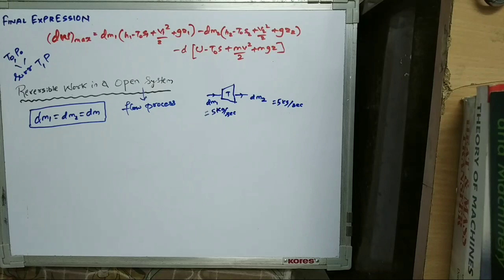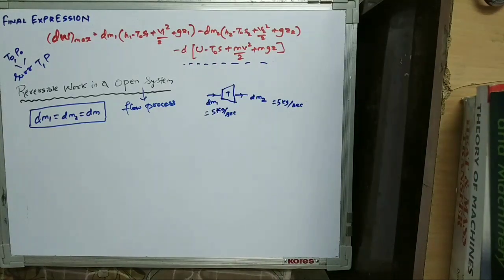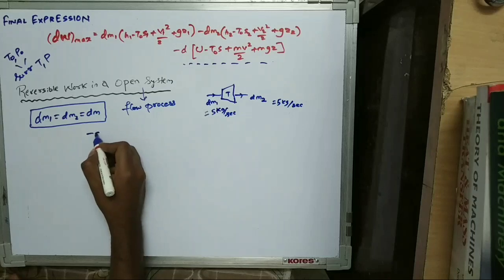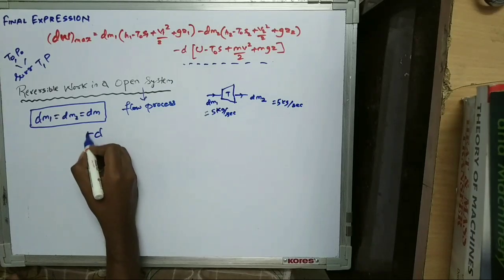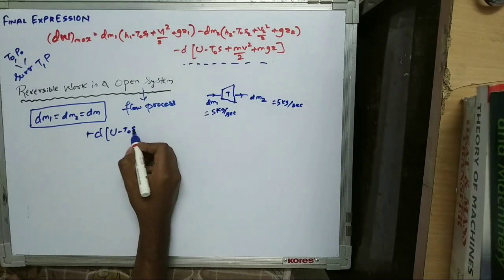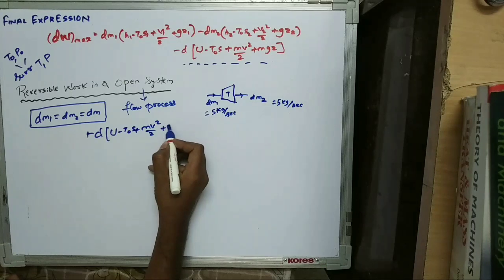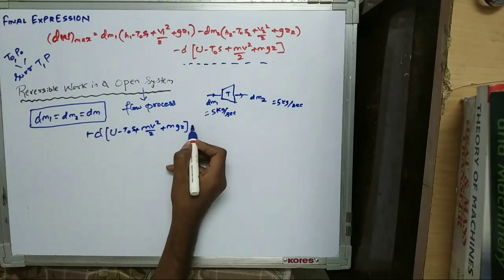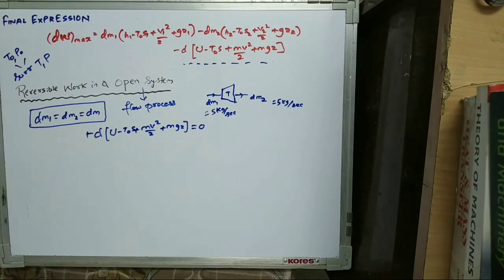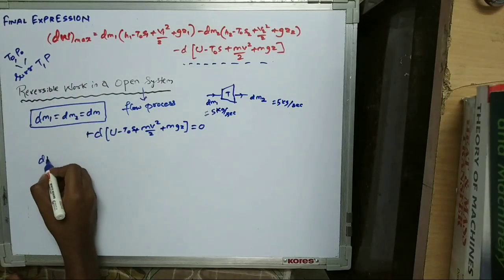Now the mass or energy stored inside the control volume has become 0, so this term becomes 0. Here, d(U minus T0 S plus mv square divided by 2 plus mgz) becomes 0.